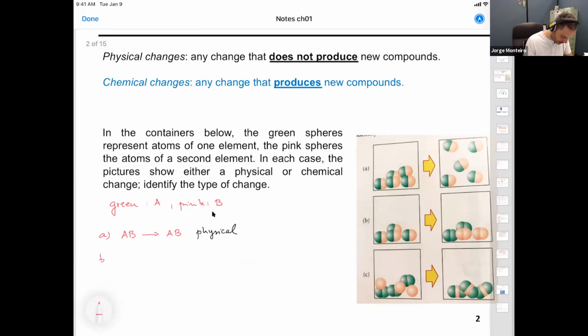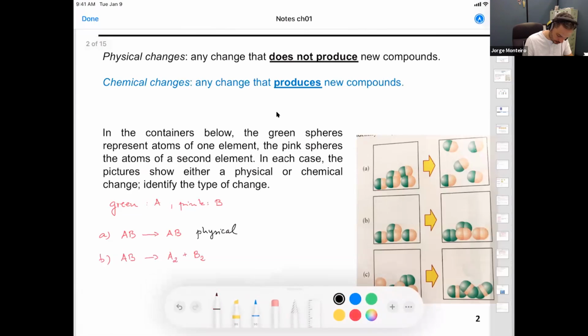Okay, so now let's take a look at B. So again, B started with atom A bonded to atom B. So that's what we have in the initial system. And after the transformation, now we have A bonded to A. So A bonded to A is represented as A2 and B bonded to B, B2.